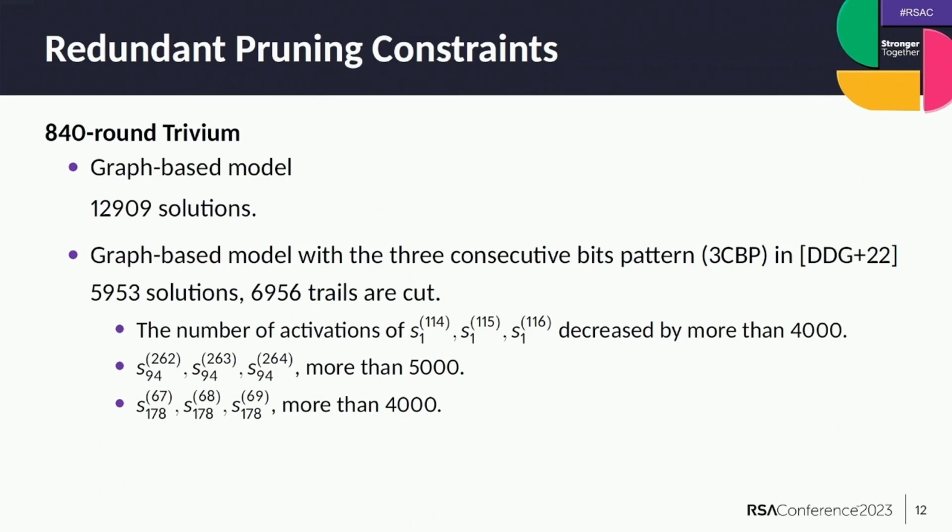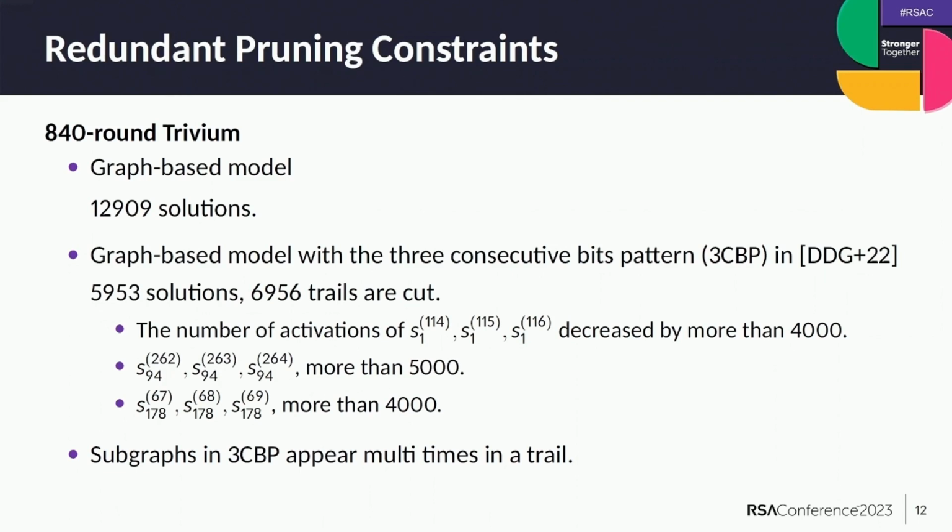However, the sum of the activations of this node decreased by more than 4,000, and for these 3 nodes, more than 5,000, and for this, more than 4,002.